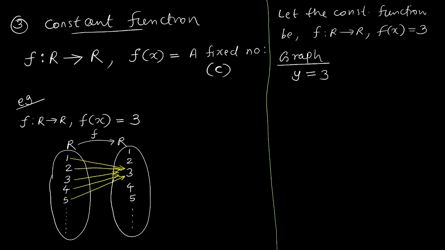To draw the graph of a function, the first step is f of x is denoted by the letter y. So I want to draw the graph y equal to 3. Let me draw a table first.